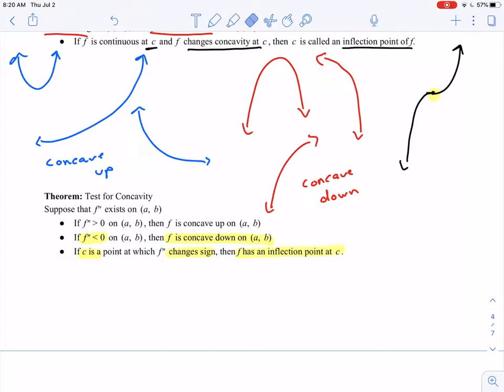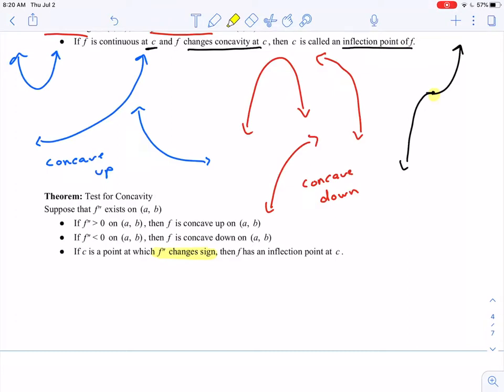So one note about inflection points: when we were looking at local extrema, we cared about whether we were changing from negative to positive or positive to negative, because that determined whether we had a local maximum or a local minimum. When we're working with points of inflection, we don't really care whether we're changing from negative to positive or positive to negative. All we need to see is a sign change in our second derivative.